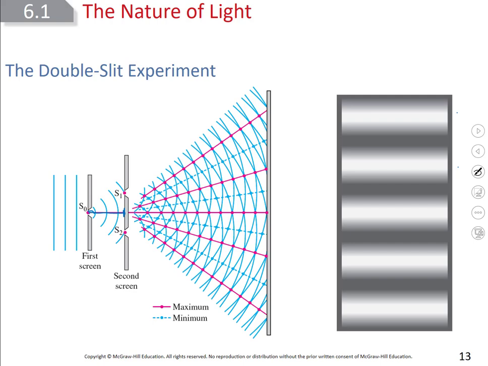So what's happening here is the second screen is letting multiple wavelengths through. It's letting waves through right here, waves through right here, and those waves are overlapping. Now, if I have two waves that overlap in phase, meaning when one goes up, the other one goes up.